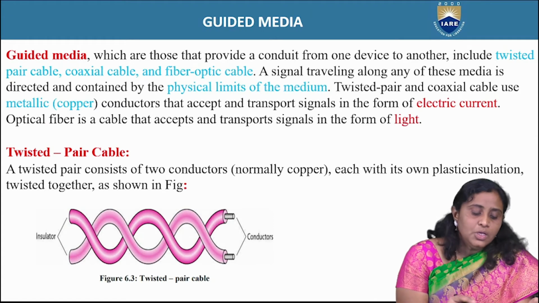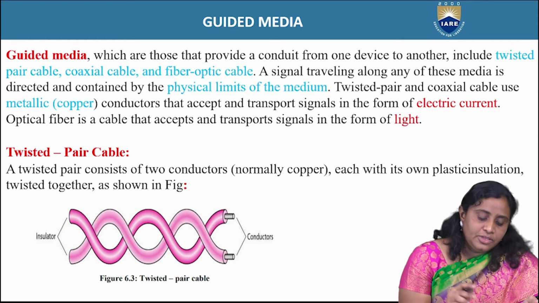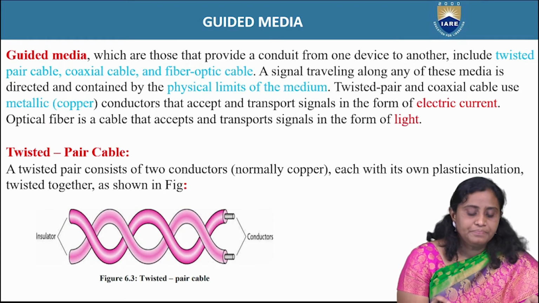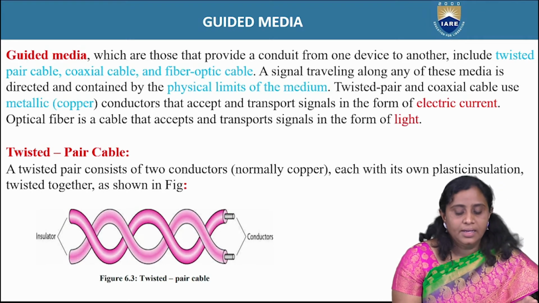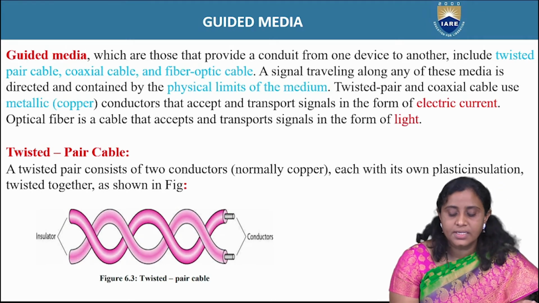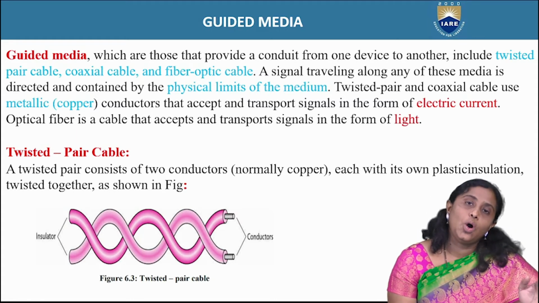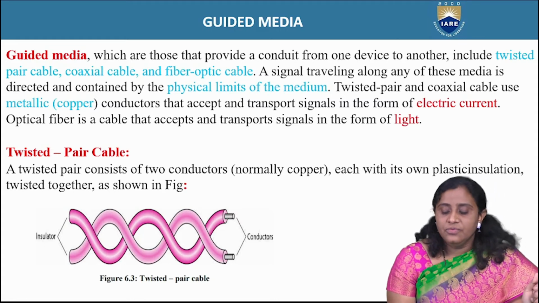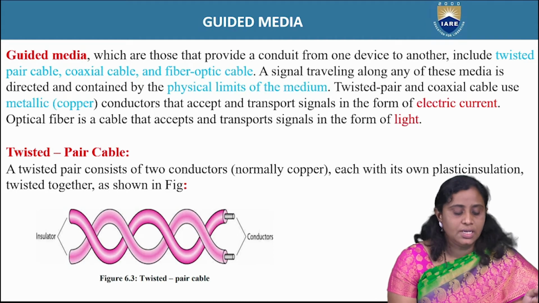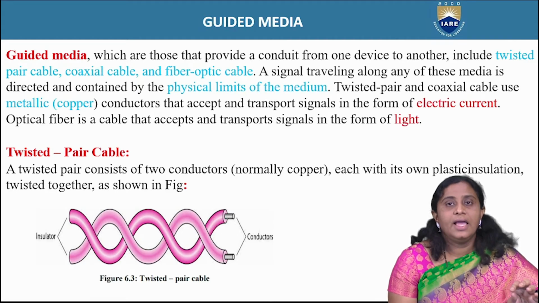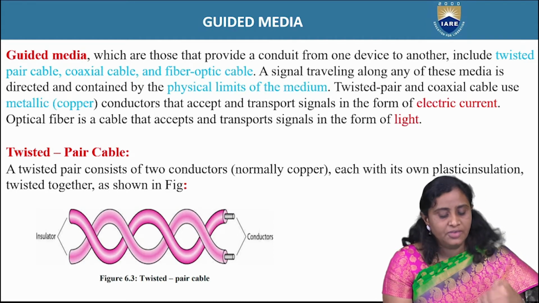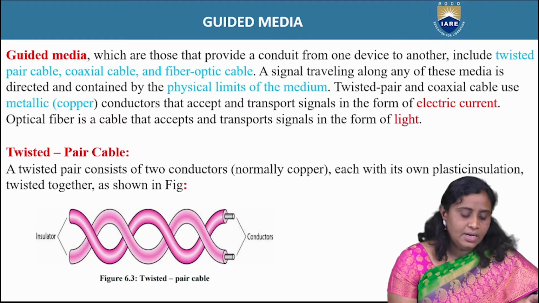Coming to the guided media, the first one is the twisted pair cable. A twisted pair consists of two conductors, normally made of copper wire, each with its own plastic insulation, twisted together as shown in the diagram below.